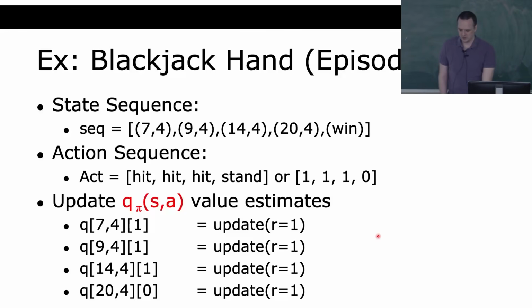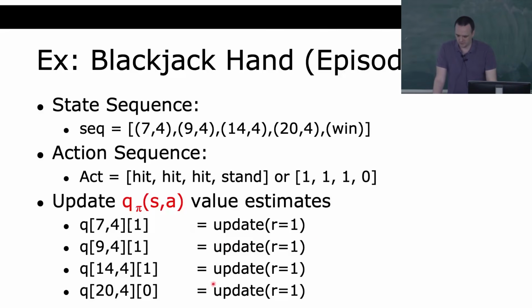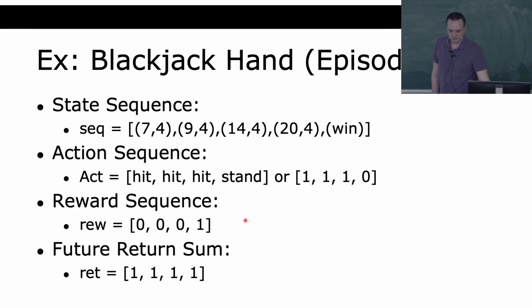So let's have a look here. Okay, that slide was made a little bit weird. If we want to update the Q(s,a) value estimates, we're going to use the return sum. We're using the returns to update it in Monte Carlo, where we're talking about an episode. Once the episode is finished, we look at an action.